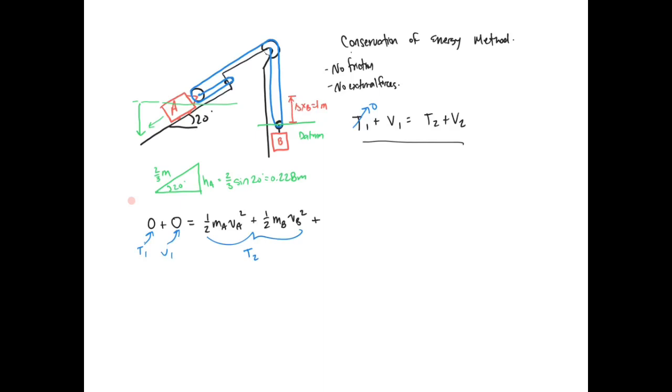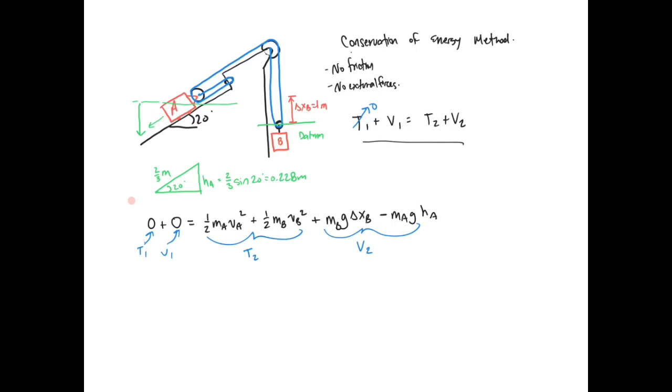So this will be plus mB times g, the weight of B, times our delta XB, minus, because the potential energy of A is below the datum that we set, mA g times that HA that we determined. These terms are our V2, the potential energy at our second moment.